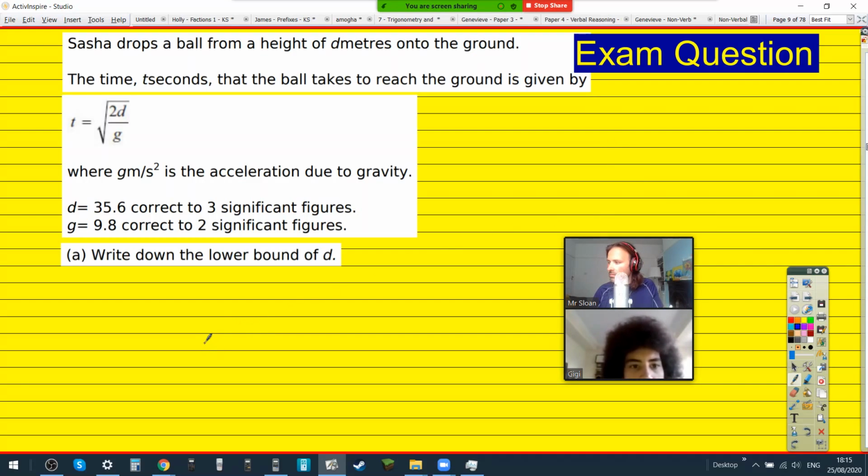Sasha drops the ball from a height of 2 meters onto the ground. Time in seconds that it takes the ball to reach the ground. D is 3.5 correct to 3 significant figures, 5 correct to 2 significant figures.